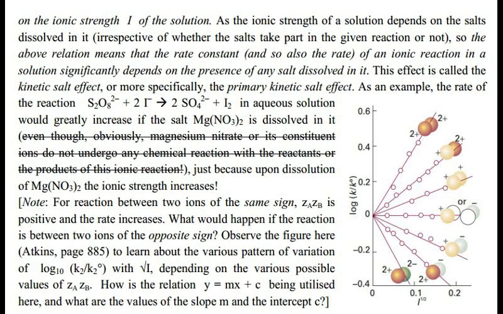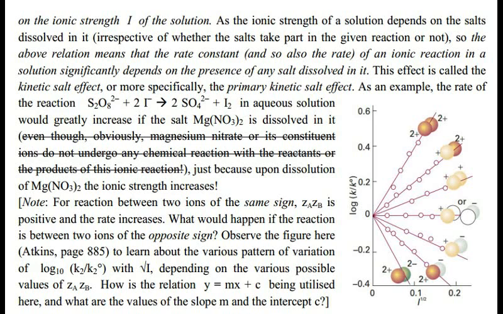Let us now see a particular example. Persulfate and iodide, S2O8 2 minus and I minus. These two react together, forming a collision as per the TST theory. The persulfate ion has a charge of -2 and the iodide ion has a charge of -1.